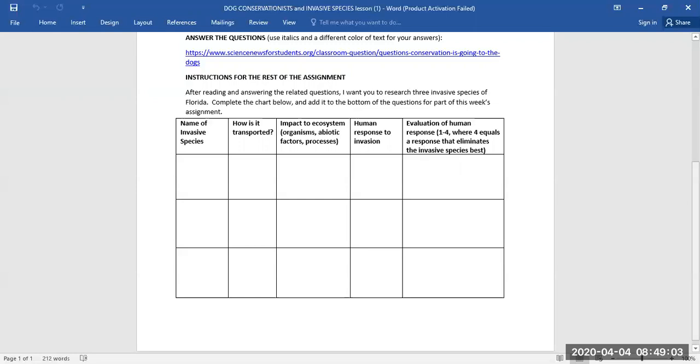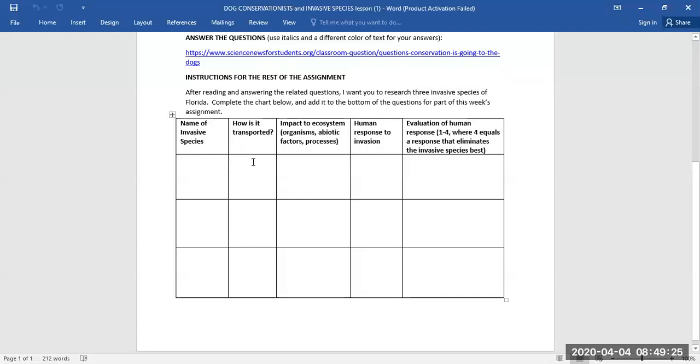Please don't use my example. If you use my example, you're not going to get credit for it. But you're going to find 3 invasive species and do just what I'm doing for this specific one, okay? So I'm going to look up the iguana because I happen to know that the iguana is an invasive species of South Florida.